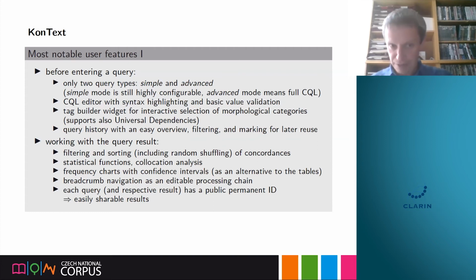As regarding working with the query result, KonText offers filtering of concordances and sorting concordances. An important point is random shuffling, which can be turned on as a default, which means that after every query the result will be randomly shuffled.